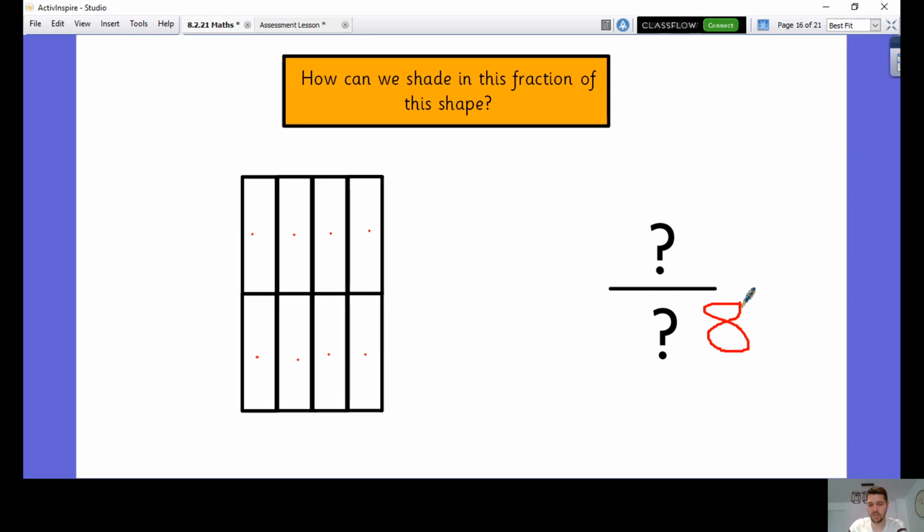Perfect. And I need to shade in 3. So I'm going to do 1. Beautiful colouring from Mr. Arnold. 2. And I'm actually going to do this one over here because it doesn't matter which 3 are shaded. I just need to make sure that 3 of them out of the 8 are shaded to give me that 3/8 fraction I was looking for.